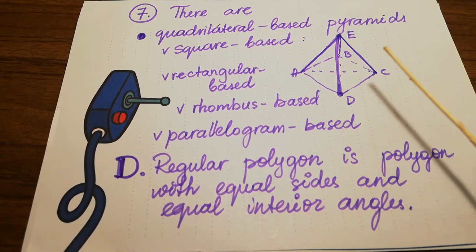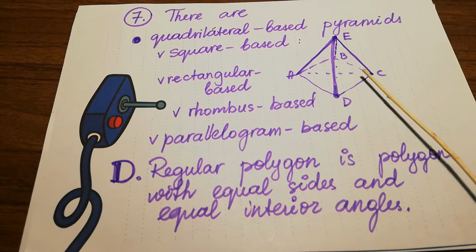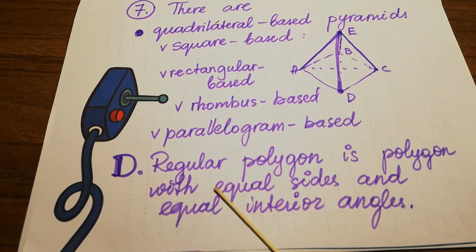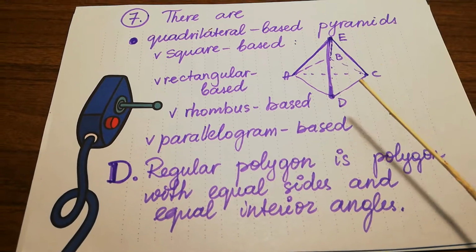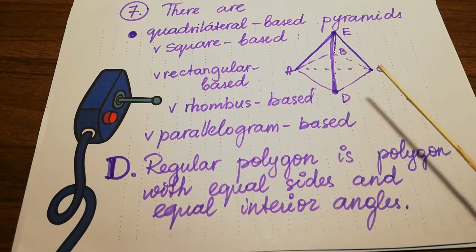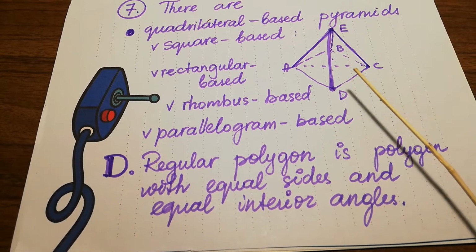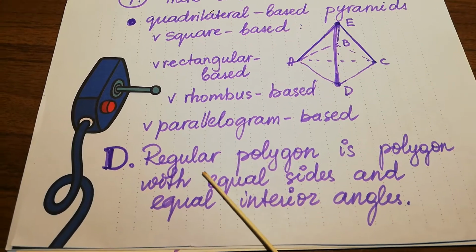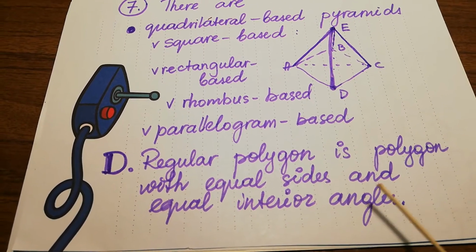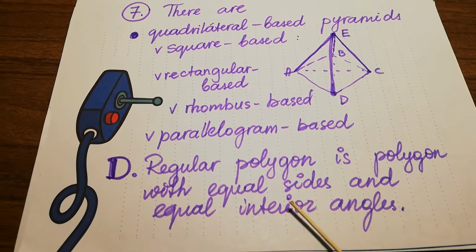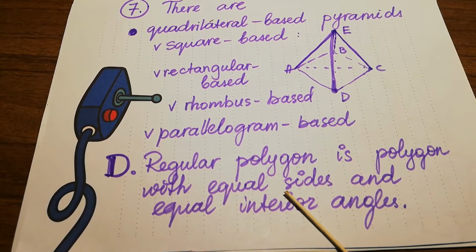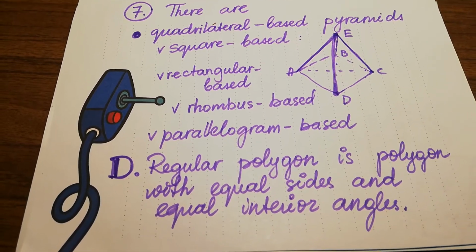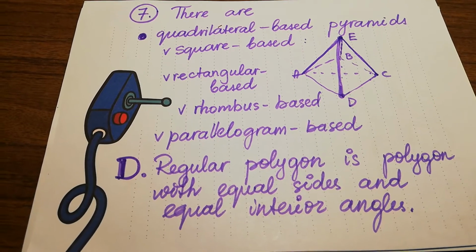And when we talk about pyramids with a square base, we can talk also about regular polygon pyramids, and those we can name regular pyramids. A regular polygon is a polygon with equal sides and equal interior angles.